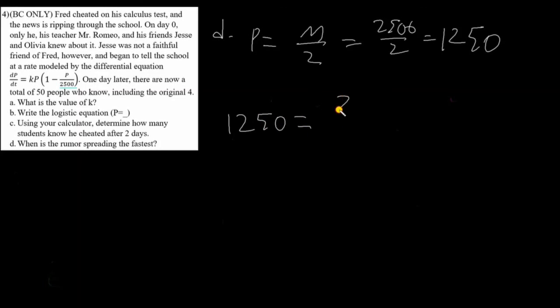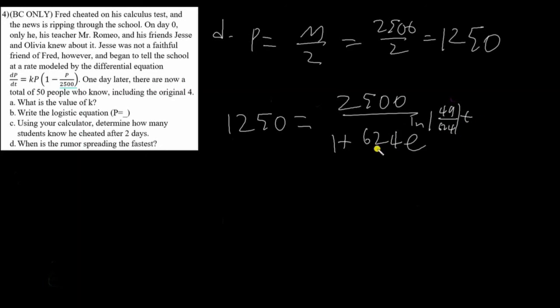equals 2500 over 1 plus 624 e to the ln 49 over 624 t. And then we want to figure out what's the time that makes this true. So let's solve this equation for t.